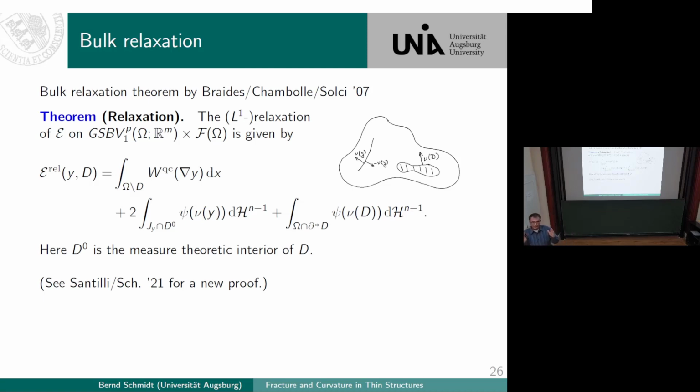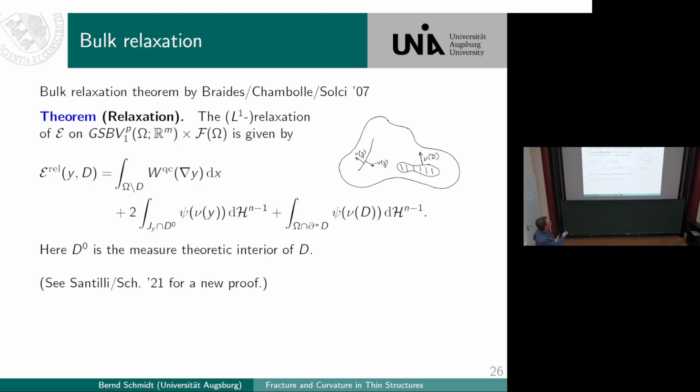During the relaxation process, voids can collapse, right? So they can form a tubular neighborhood of, let's say here, a 1D structure, and then they can collide, and to the left and to the right of this, the deformation can be completely different, right? So this is why along codimension 1 surfaces, when you have relaxed the problem, you can have jumps.